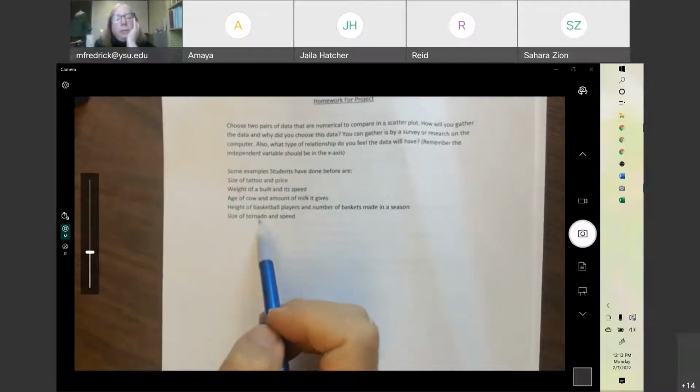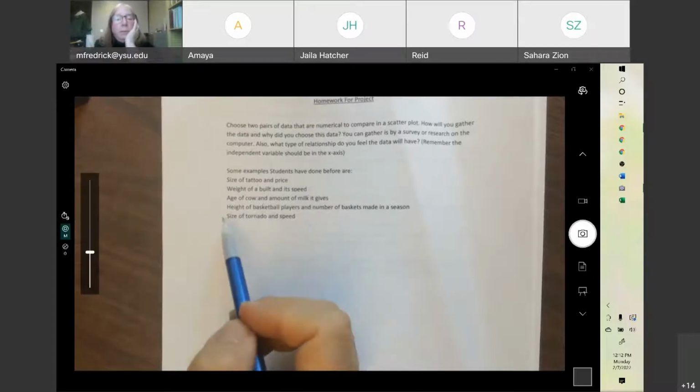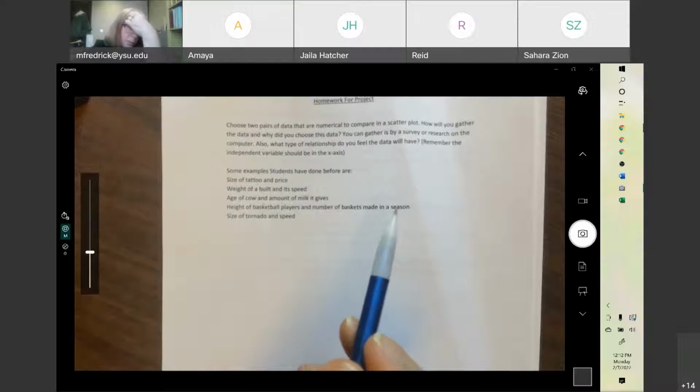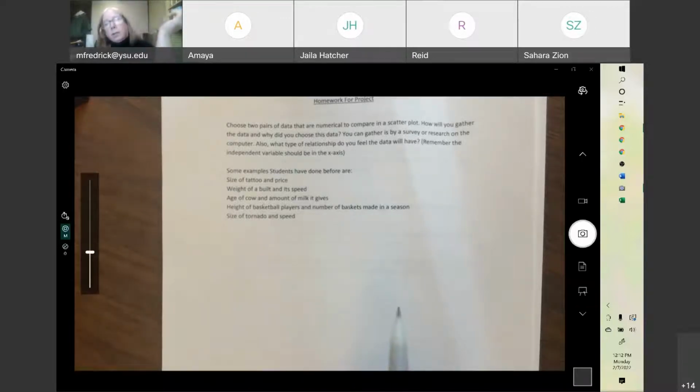The size of the tornado and its speed is another one you can just look up. A lot of people do things on sharks. The length of a shark and the number of teeth, or the length of the shark and the weight.